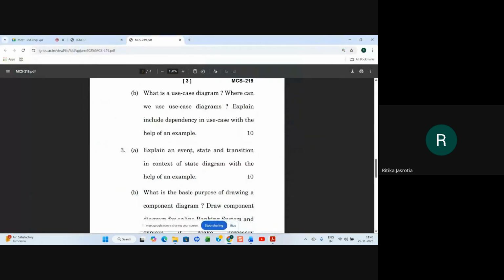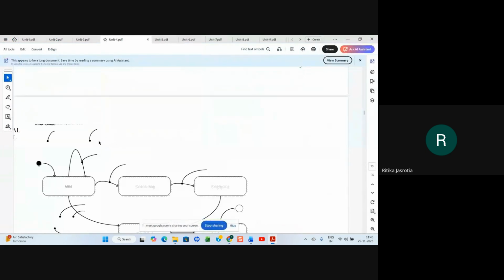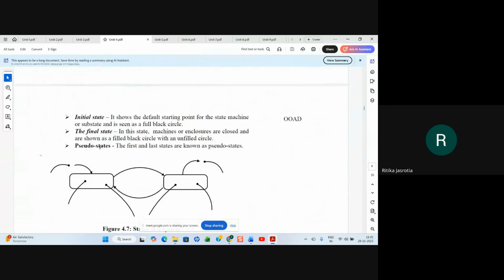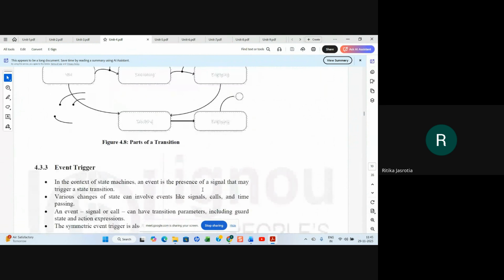So this is: explain an event, state, and transition in context of state diagram with the help of an example. For the example, you can take any state chart diagram and explain that one state is going to another state, and there are some transitions or events happening, and a transition is happening from one state, changing to another state.